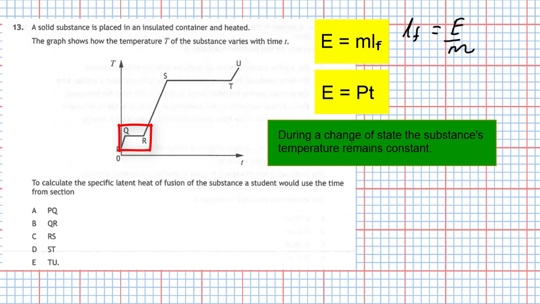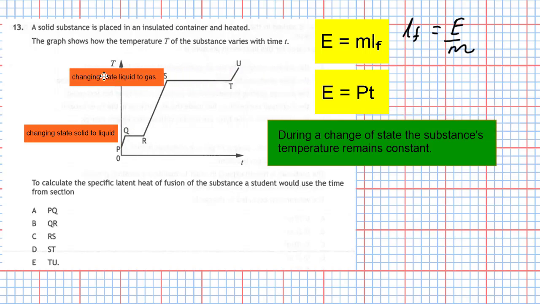In fact, that's where it's changing state. So along the first flat part we have the changing of state from solid to liquid, melting or fusion as they call it. And the top flat part is the changing of the substance from liquid to gas, which is called evaporation.